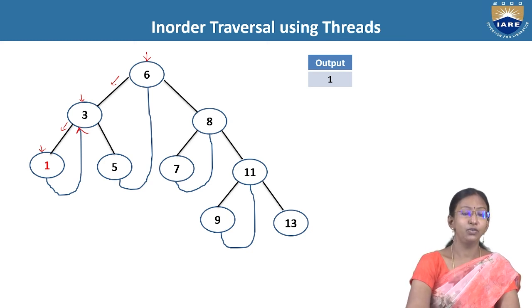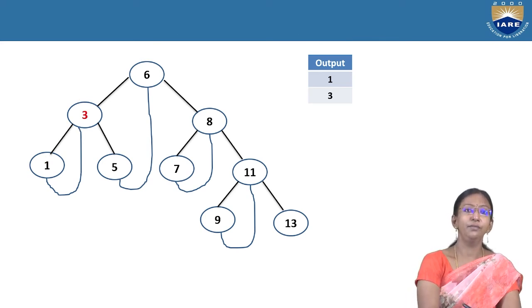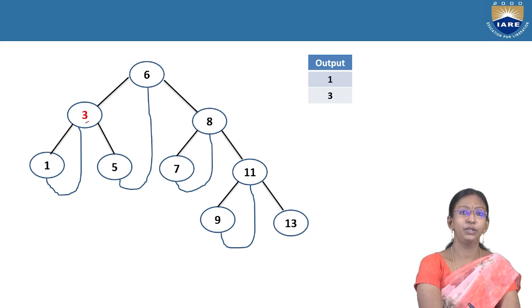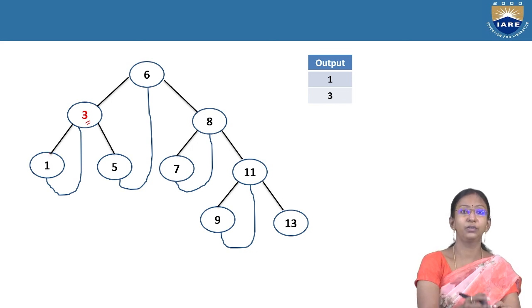So now as you have traversed to 3, the next character is 3, right? Now you can see that once you are at 3, as you have traversed towards the left, from the left you have come to the root, right? So from 1 you have come to 3.